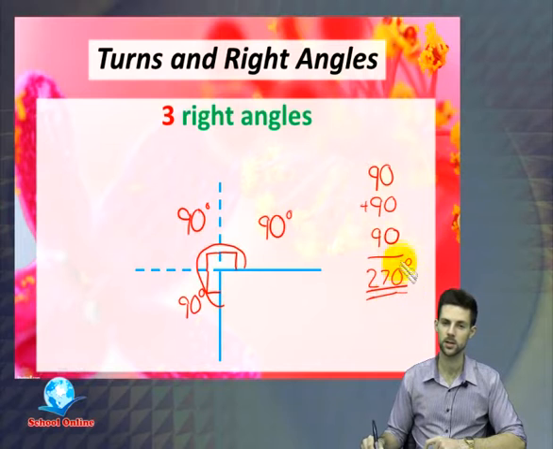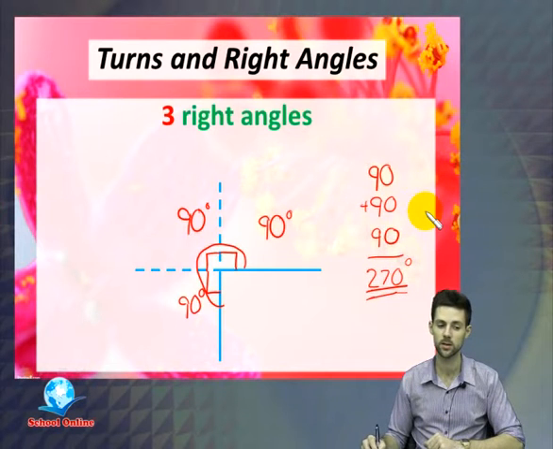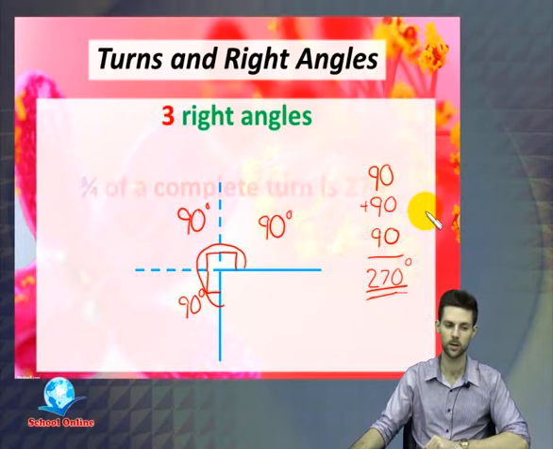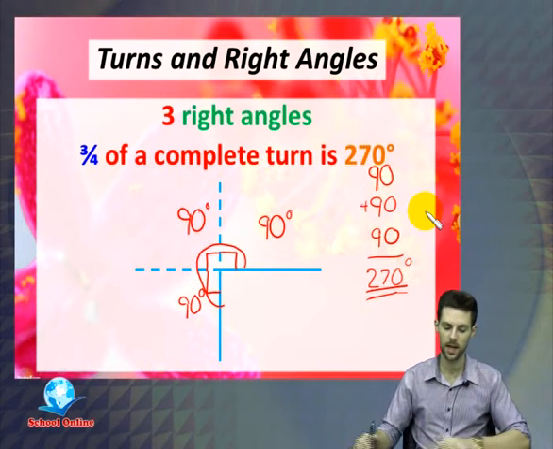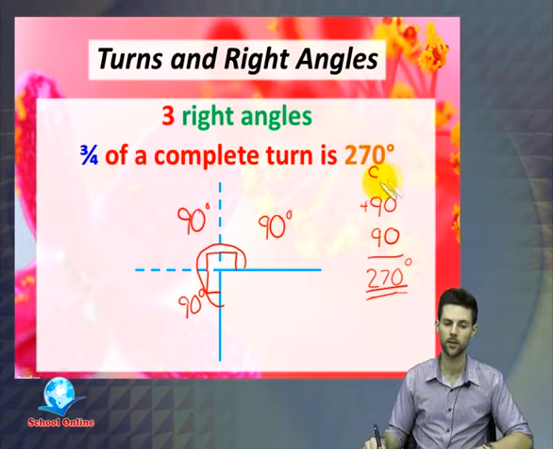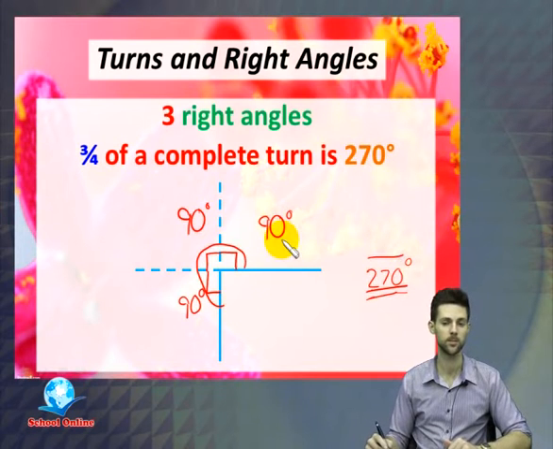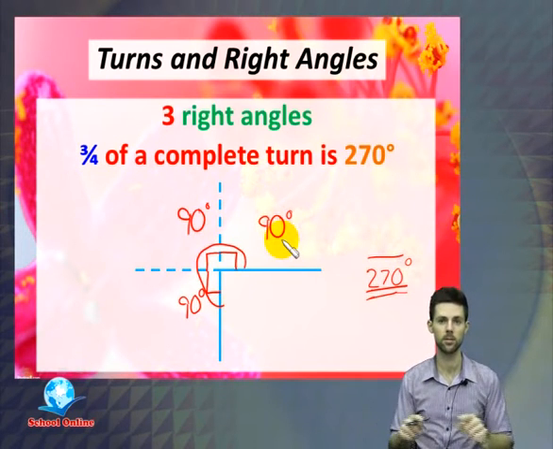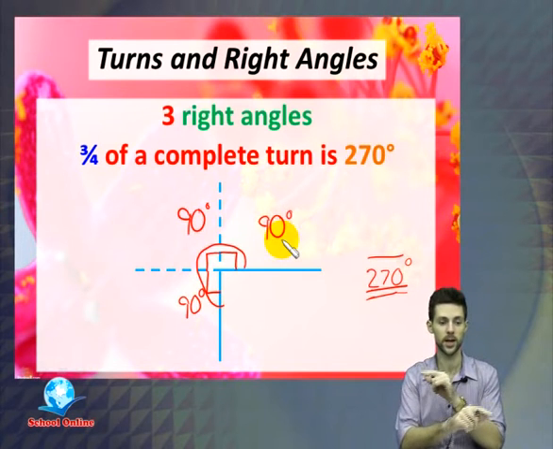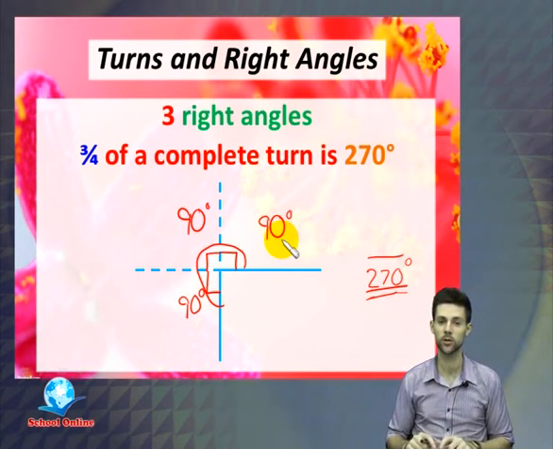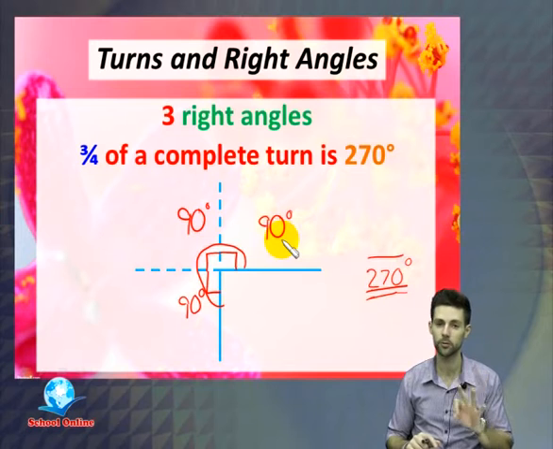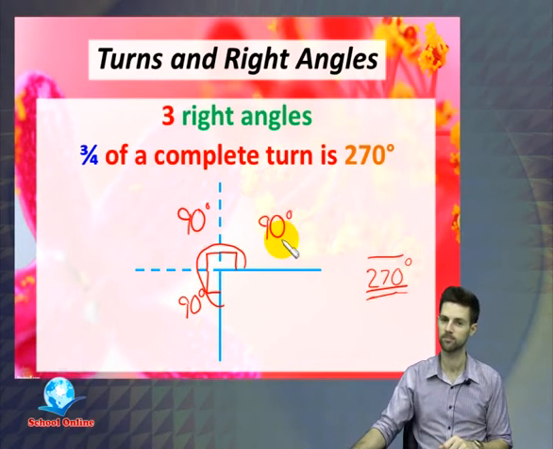So three right angles equals 270 degrees. So we can say that 3/4 of a complete turn is 270 degrees. We have a complete turn, 360 degrees. 3/4 of that is 270 degrees, or three right angles.